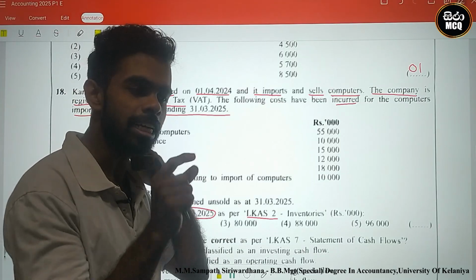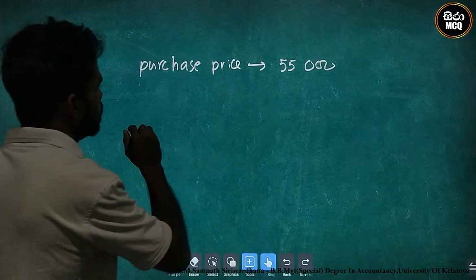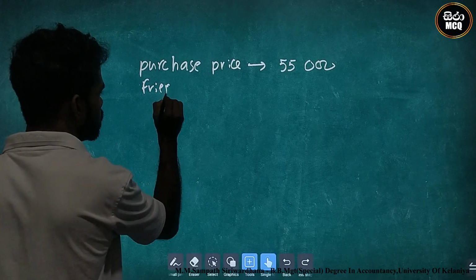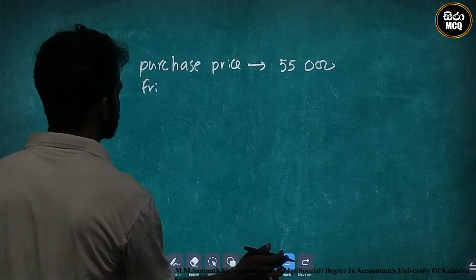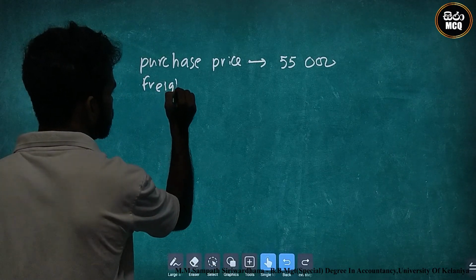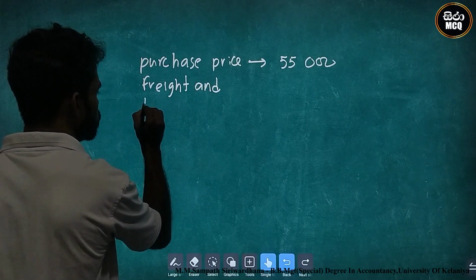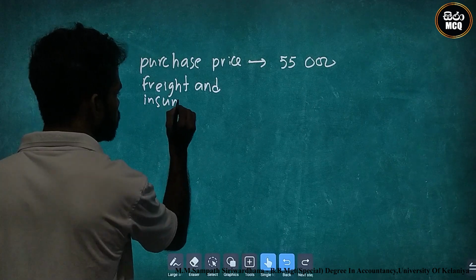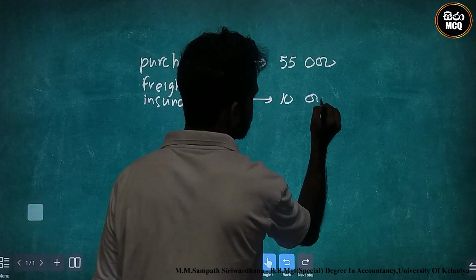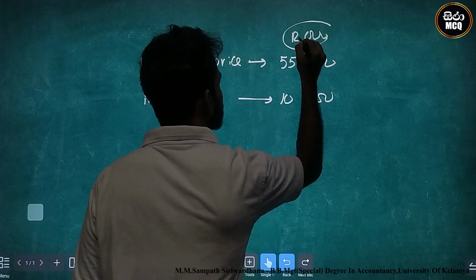Therefore, we can directly include this 10,000 in inventories. The shipping cost or insurance, freight and insurance.